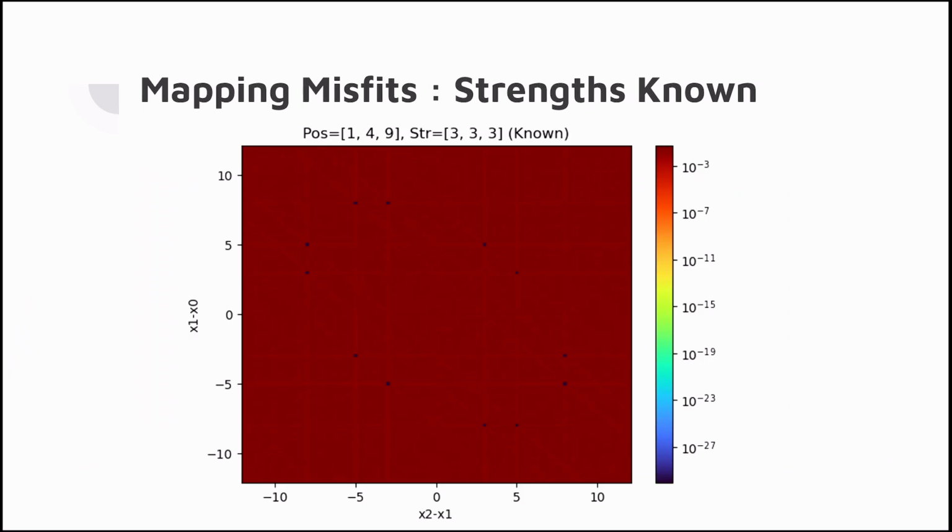Now if we allow strengths to be known, and instead we are searching for position, we're actually going to look for the separation, which is equivalent, really. It just means we reduce the number of axes here. So we have the separation between the first and the second delta, and the second and the third delta.